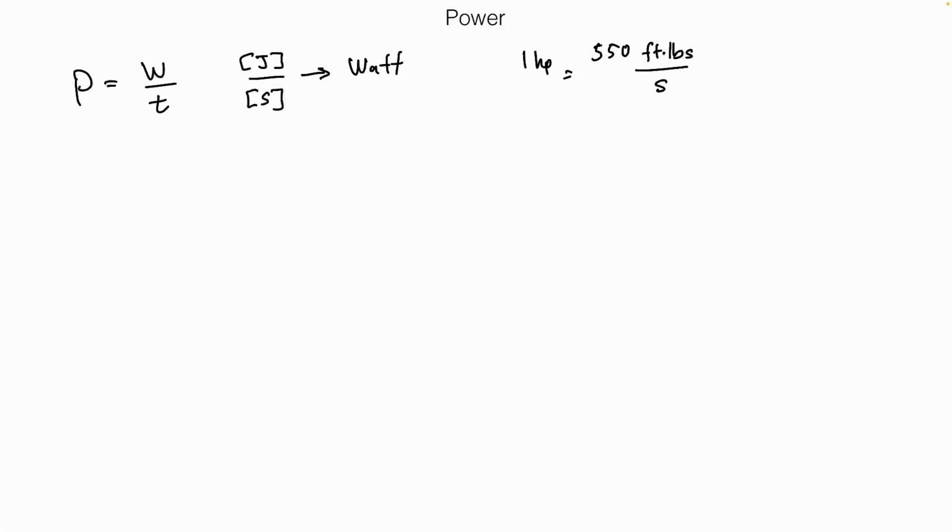Wait a second. Yeah, what is it? What's a foot-pound? Somebody's going to say torque, and that is true. That is a unit of torque. But back up. A foot is a distance, and a pound is a force. What is that?